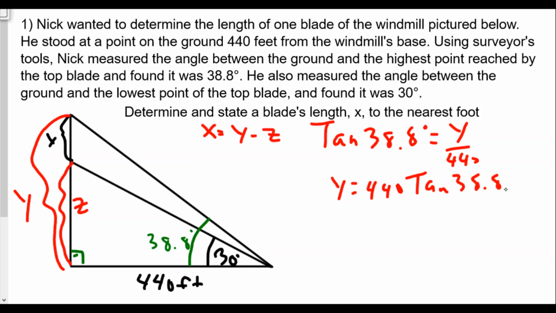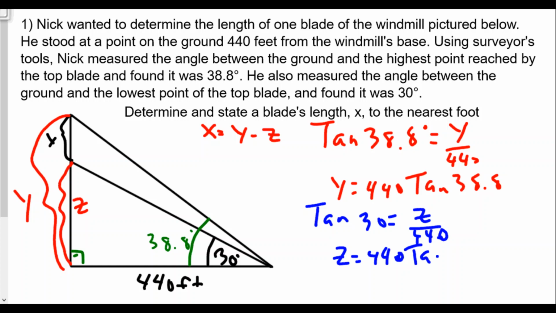And then in the same way, we're going to find z. Again, let's use tan. The tan of 30 degrees is equal to z over 440. And so from here, we know that z is equal to 440 tan of 30 degrees.